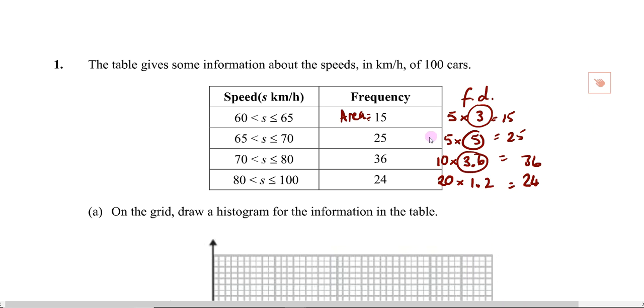So is it kind of frequency divided by class interval here? Well, yes, it is, exactly. That's how we've done it. So we've done frequency divided by the class interval, okay? That gives me frequency density, right? Now, this has changed my vertical axis. So what do I now need to have it at?